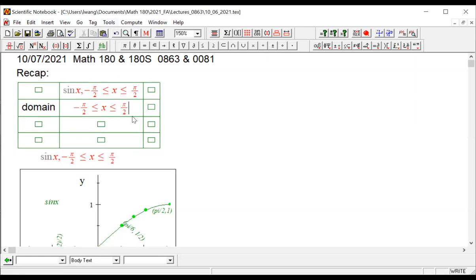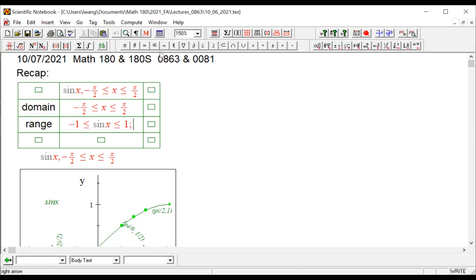So this description is kind of redundant, okay? But I'm leaving them there. Range, of course, is still -1 less than or equal to sine less than or equal to 1, right?